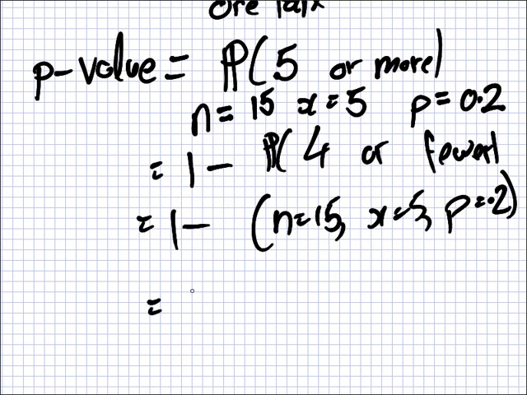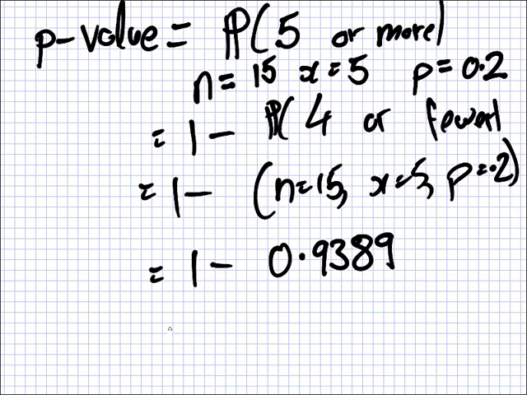And what do we get here? 1 minus 0.9389, which is roughly 6.1%. Reject or do not reject?